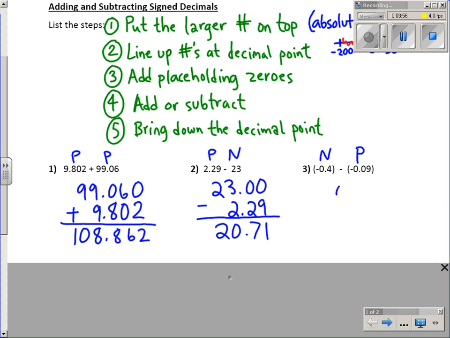So that's going to end up being the 0.4 minus the 0.09. We get 0.31, and we want to take the sign of the bigger number. Here 40 hundredths is greater than 9 hundredths, which means our answer is going to have a negative.